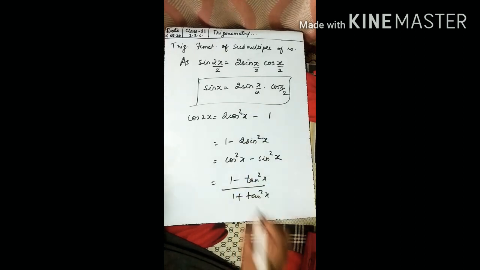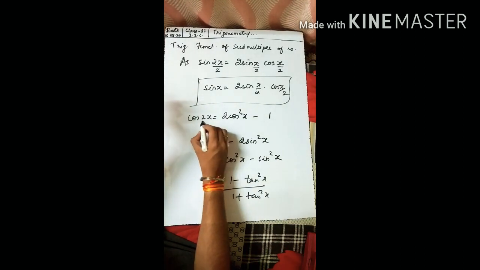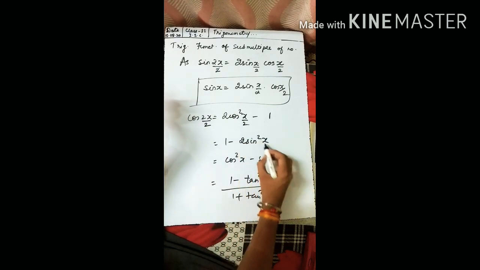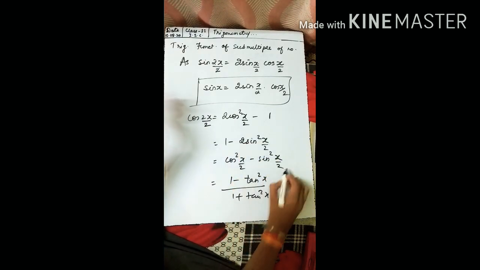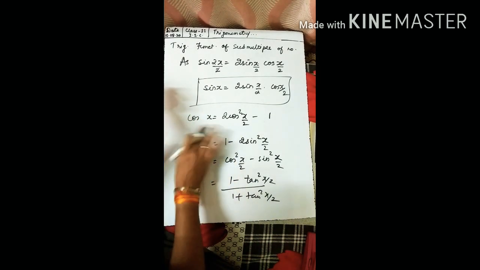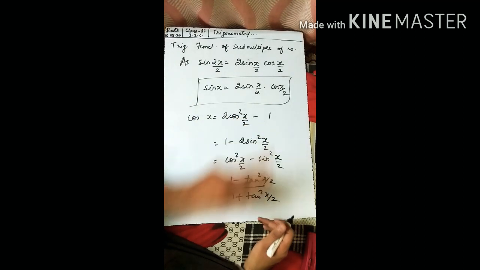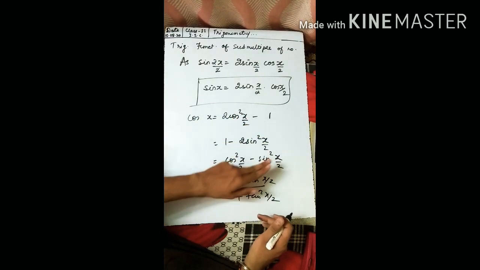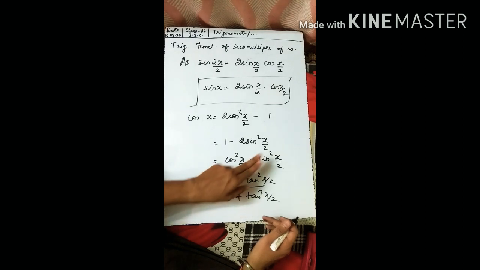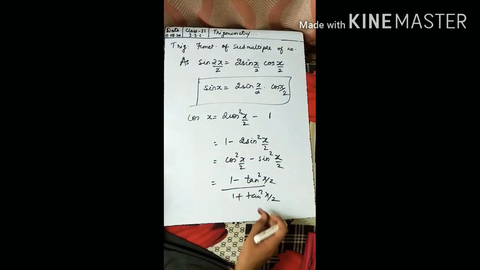These 4 are the formulas of cos 2x. Now if I divide the angle by 2 everywhere, here we will get cos x. So cos x can be written as 2 cos square x by 2 minus 1, 1 minus 2 sine square x by 2, cos square x by 2 minus sine square x by 2, and 1 minus tan square x by 2 upon 1 plus tan square x by 2.